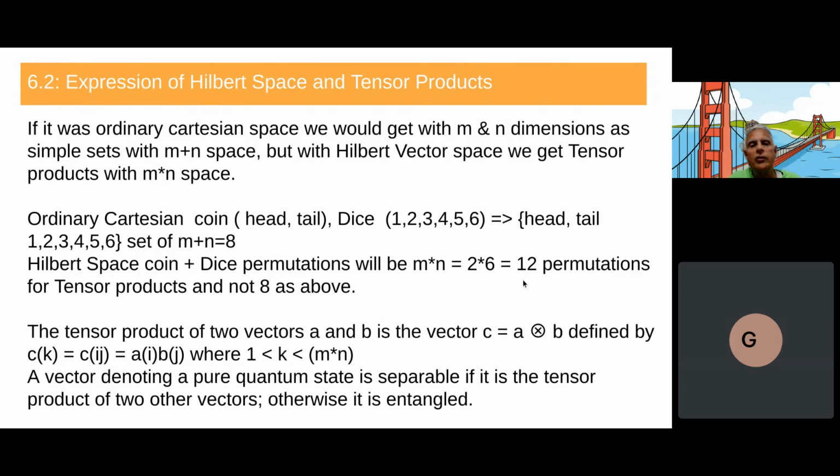So what it means is that there is a difference between Cartesian products, which are based on set theory, versus Hilbert space quantum mechanics or quantum information theory, which is based on the tensor. Every operation in quantum space is a tensor product. Remember that.